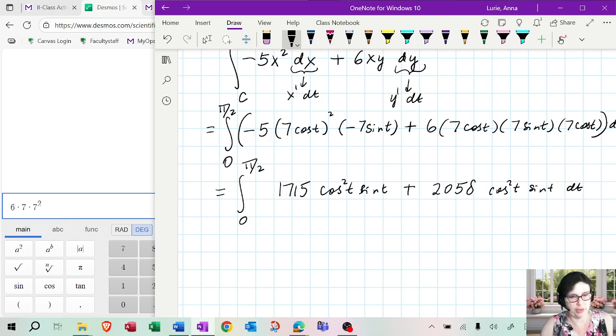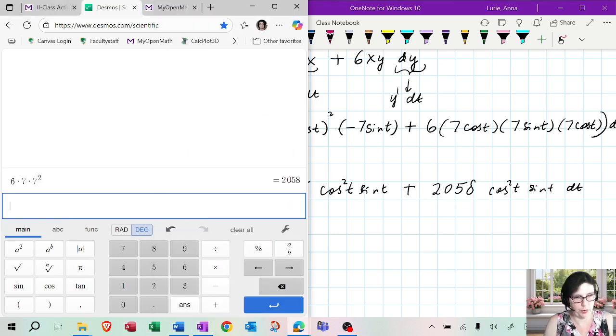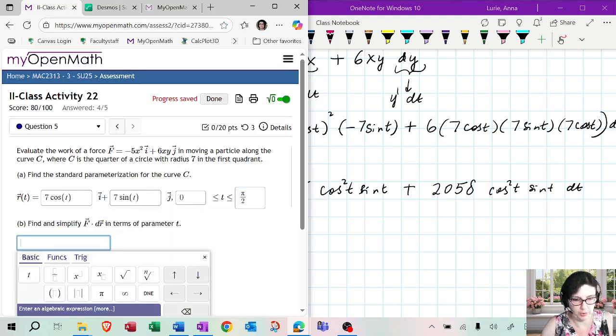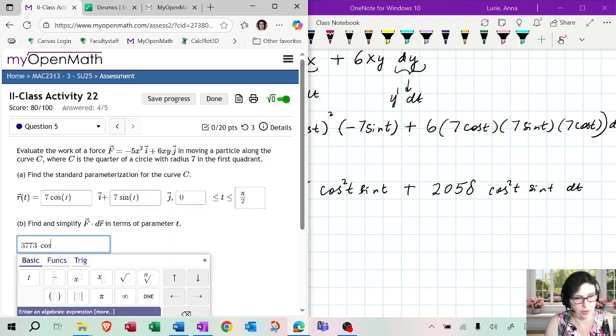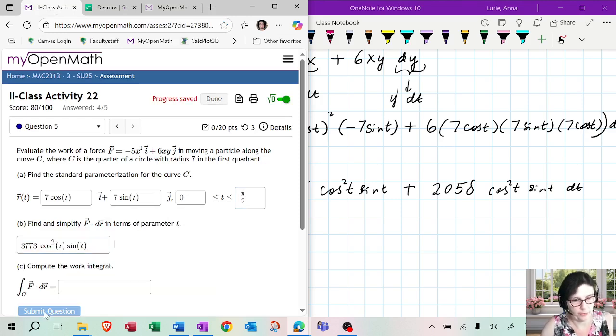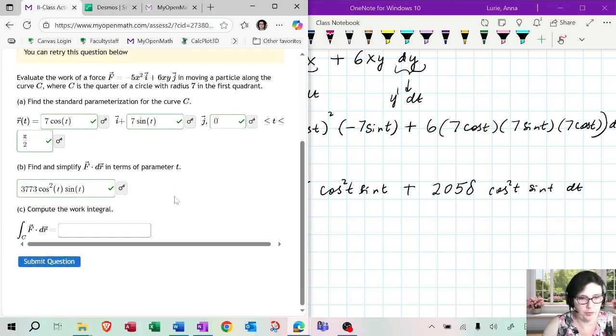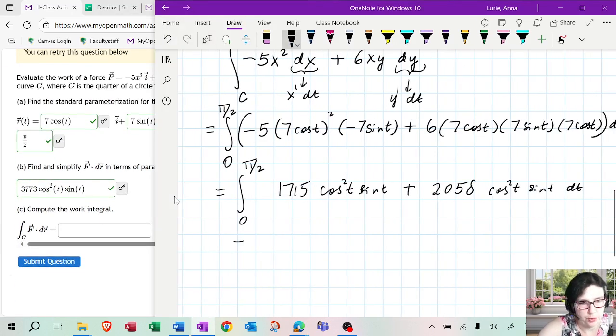So let's combine them because these are just like terms. 1715 plus 2058, I got 3773. This is a really ugly number. I'm going to check that in a second. Okay, yes, we got that. So that's awesome. We've got 3773, which we can just pull out and multiply the answer by at the end.